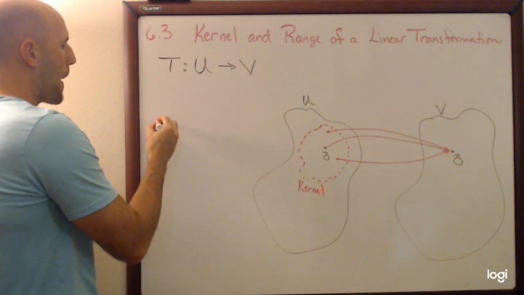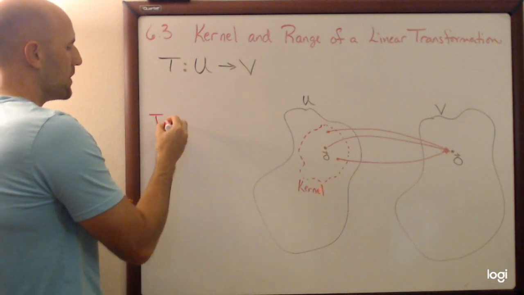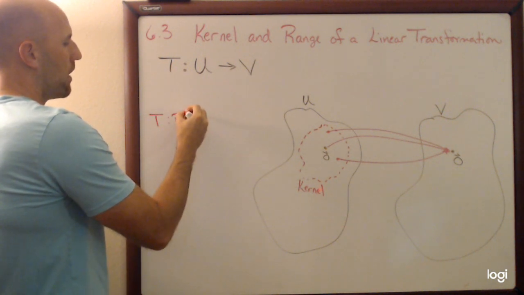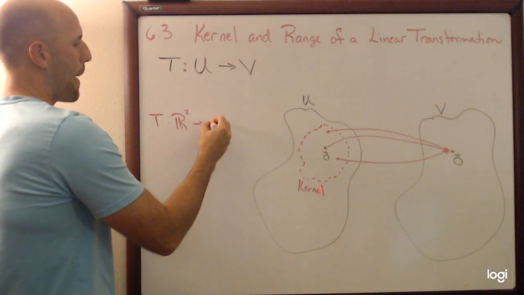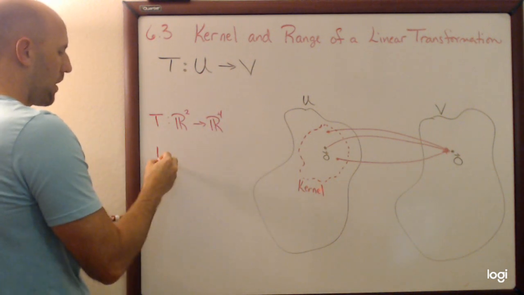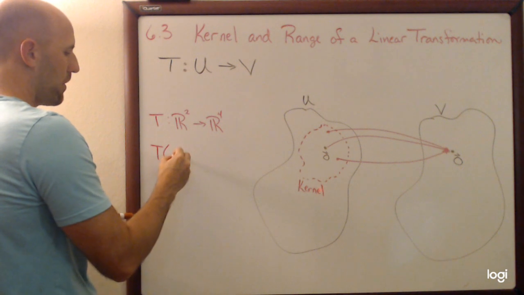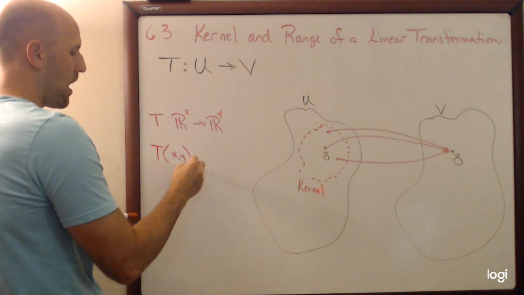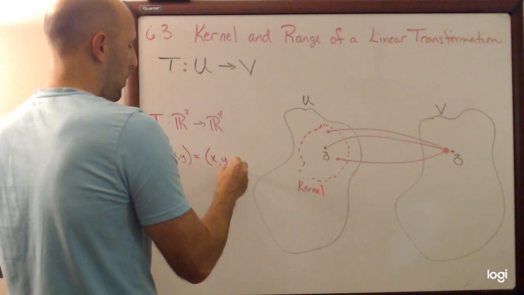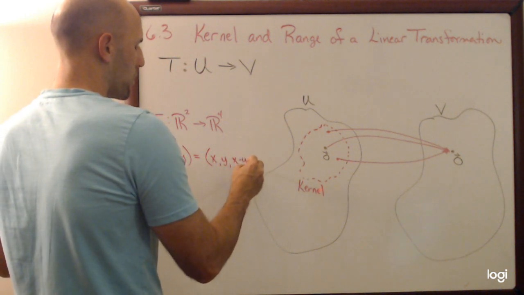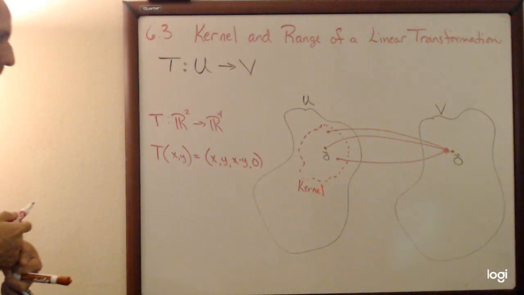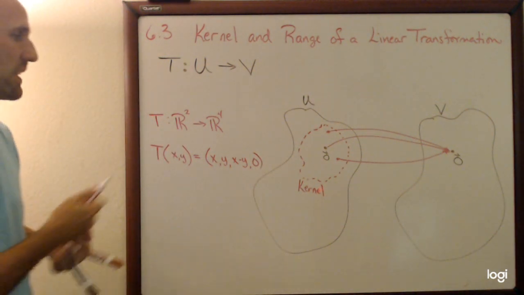Suppose T maps R2 into R4, where T of x comma y is given by x comma y comma x minus y comma 0. Okay, this is a linear transformation.